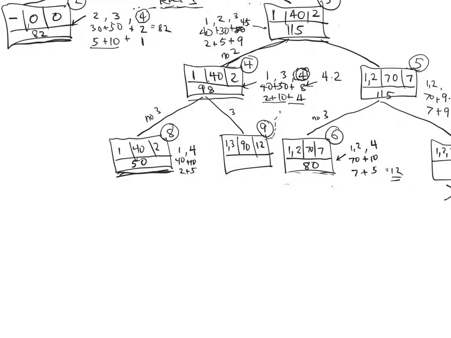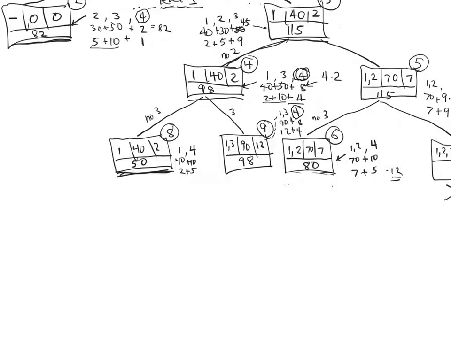So the bound is we use 1 and 3 for $90 and 12 pounds, and then can we use item 4? No, but we can use a lot of item 4 for the bound. So we're going to add in part of 4, and that's going to be 4 pounds, and 4 times 2 is 8, so we have the bound of 98 again.